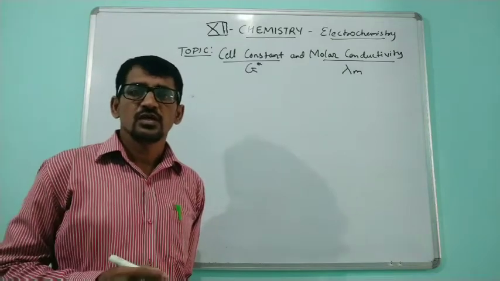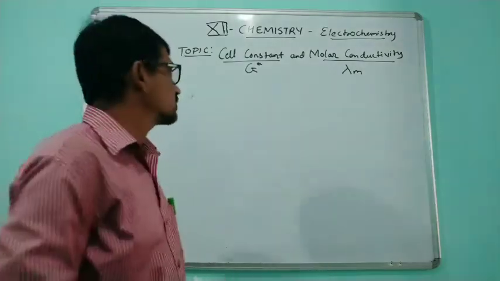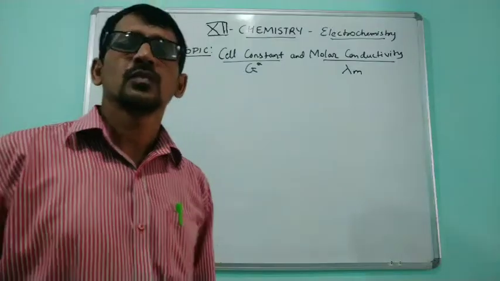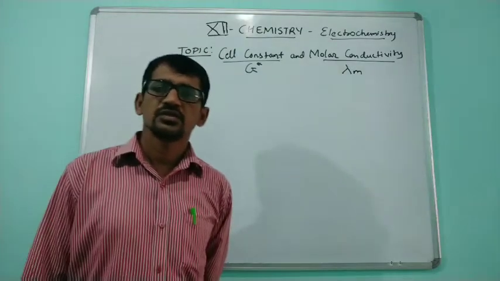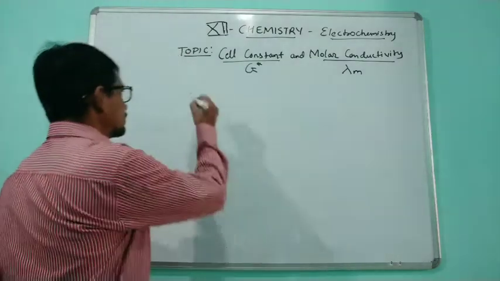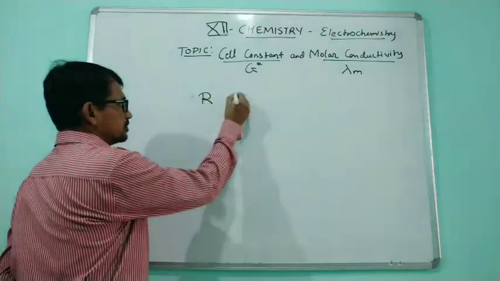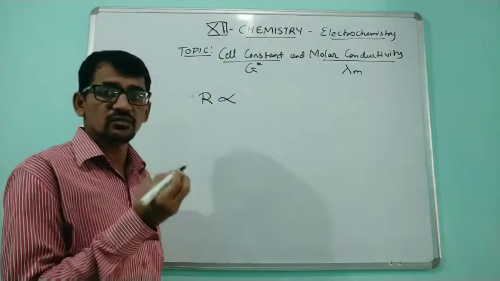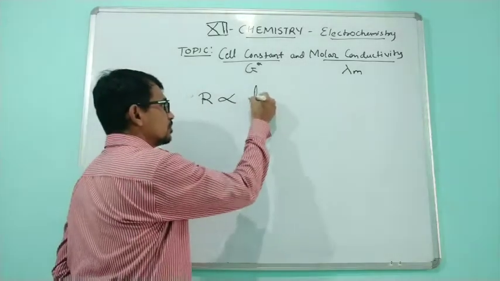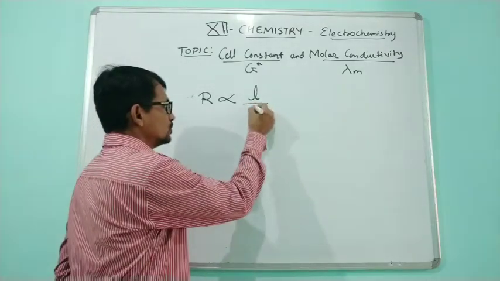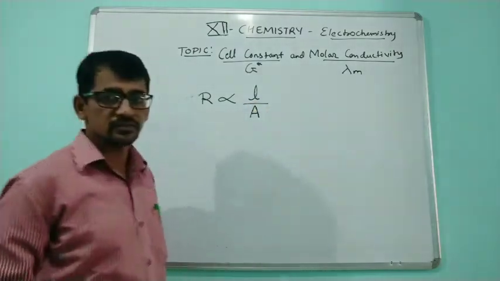First we discuss conductance. Conductance is the inverse of resistance. Suppose resistance is R. Then this resistance R, in terms of electricity, is directly proportional to the length and inversely proportional to the cross-sectional area of the wire.